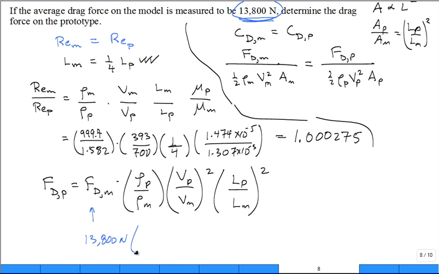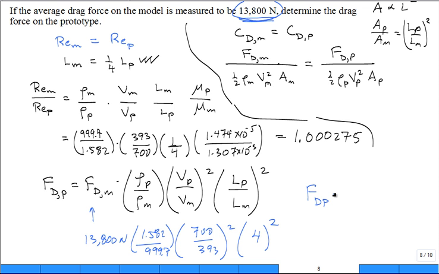The density difference 1.582 divided by 999.7. The speed 700 divided by 393 squared, and it was 4. Length of the prototype is 4 times larger, so it'll be 16 times. And we calculate that the predicted drag force, if we went and built the full scale prototype, it would be 1110 newtons.